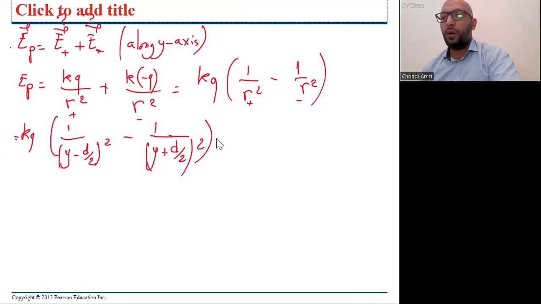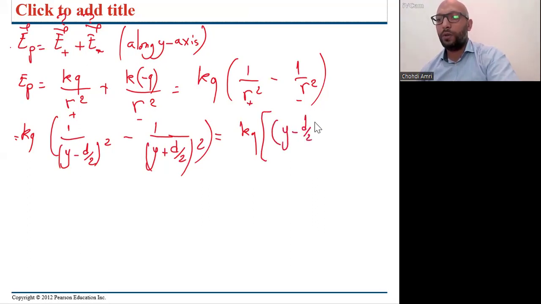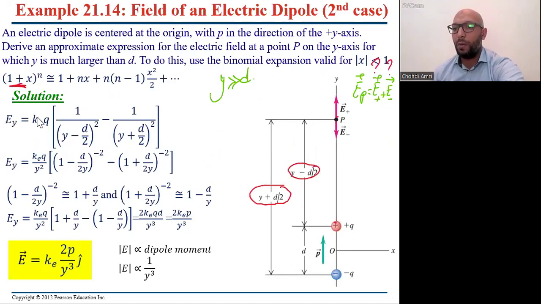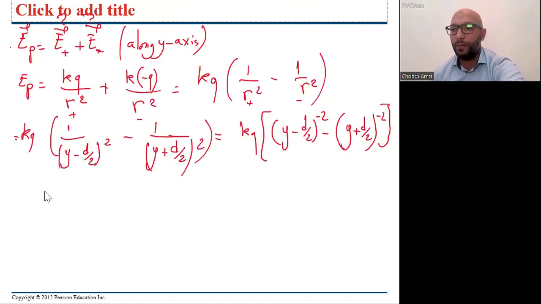So this is equivalent to KQ factor of y minus d over 2 to the power minus 2, minus y plus d over 2 to the power minus 2. Good. Now we will use the binomial expansion. What is the binomial expansion that we will use? 1 plus x, when x is very small, to the power n, will be 1 plus n x.